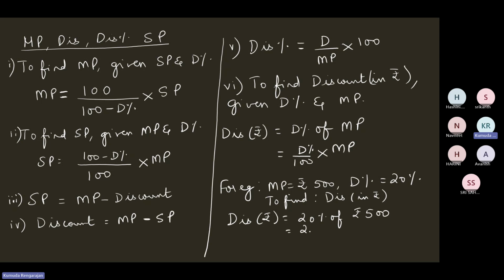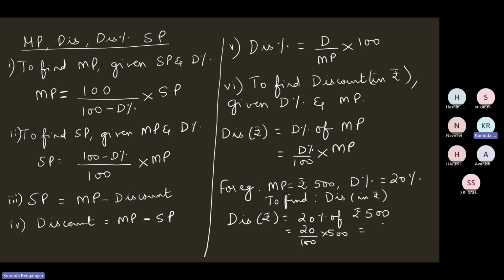So 20% means 20 by 100. Percentage means by 100. Of means into. Of stands for multiplication. So the formula is D% by 100 into MP. 20 by 100 into 500.